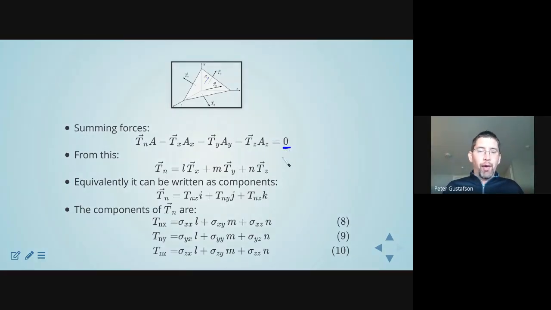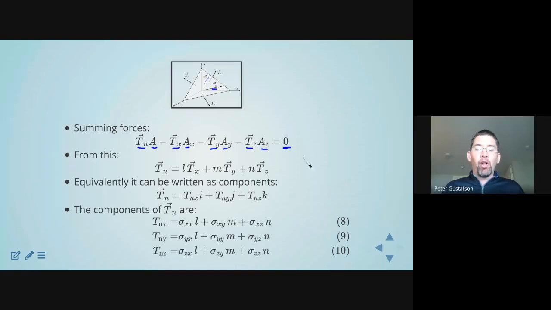So I'll put a 0 on the right-hand side, and then I will take the vectors. We have Tn, which is this vector here, times its area. Remember, its whole area was dA. I'm going to drop the d because ultimately the differential area would exist in all of these. So it's the traction vector times A minus, notice that this one's pointing in the positive direction, this one's pointing in the negative direction, so minus the traction vector Tx times its area, minus the traction vector Ty times its area, minus the traction vector Tz times its area.